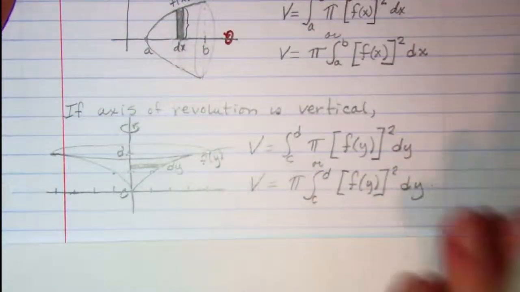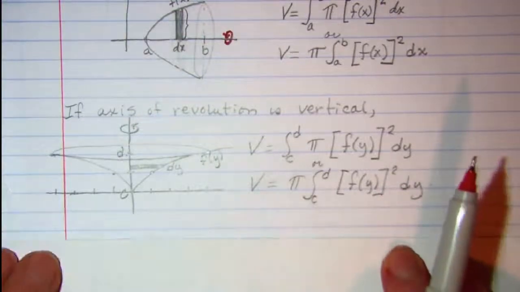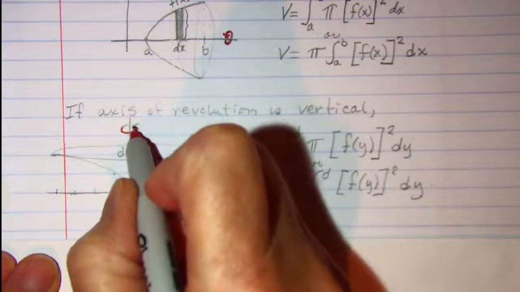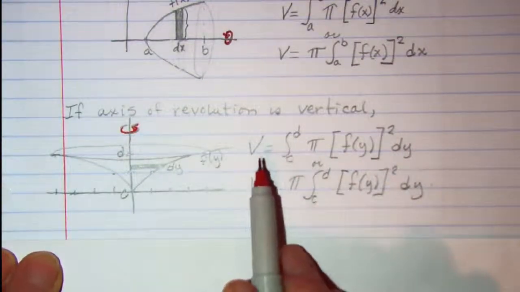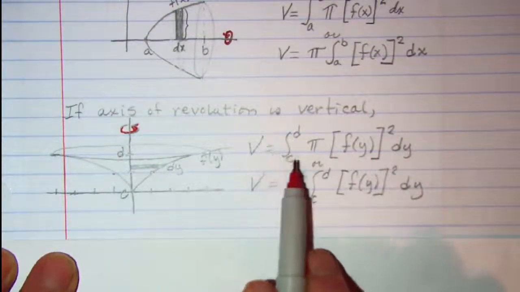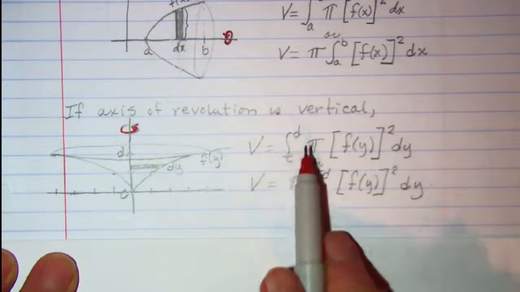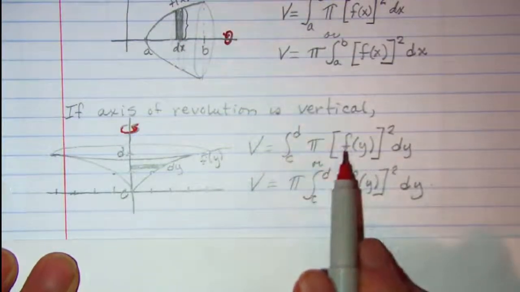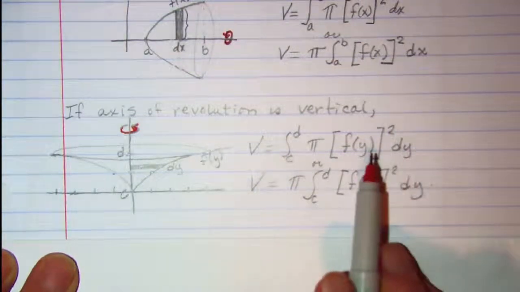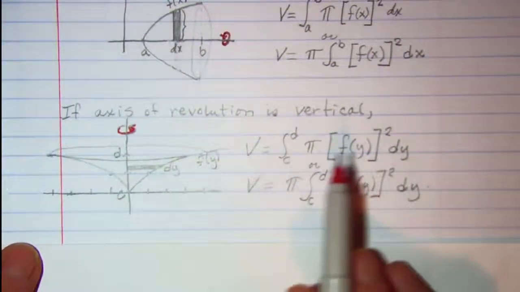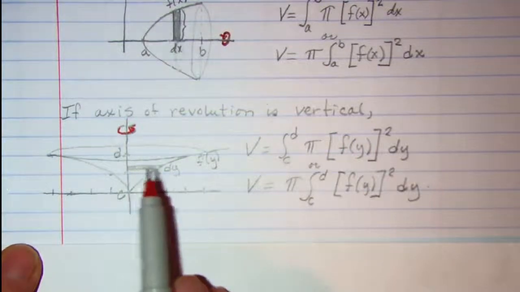If the axis of revolution is vertical, then our formula is volume equals the integral from c to d of pi f of y squared dy. F of y is the value of our function.